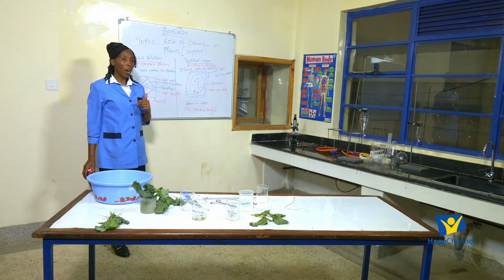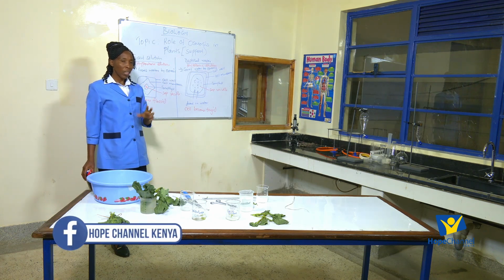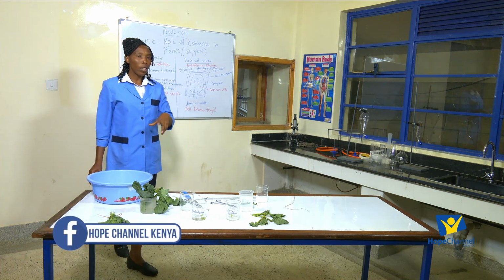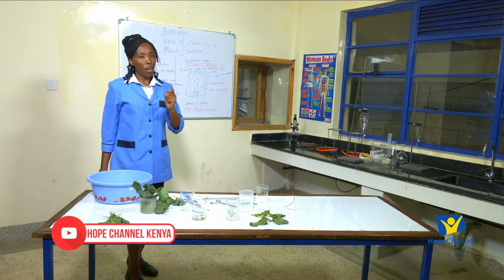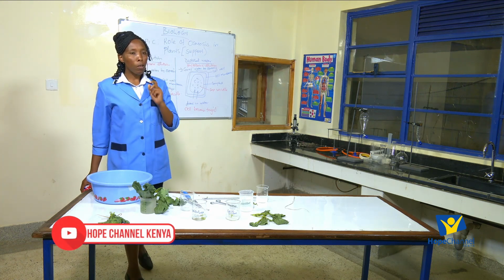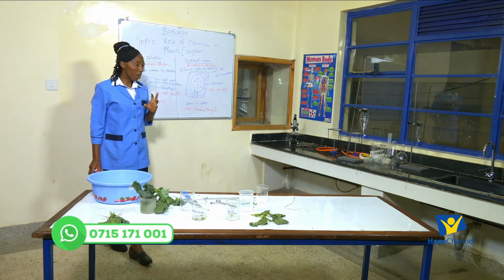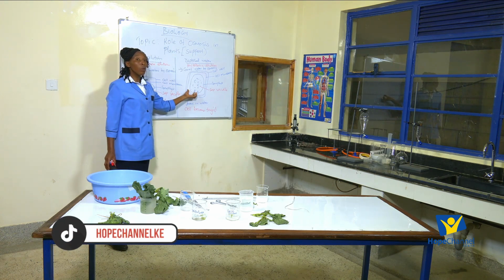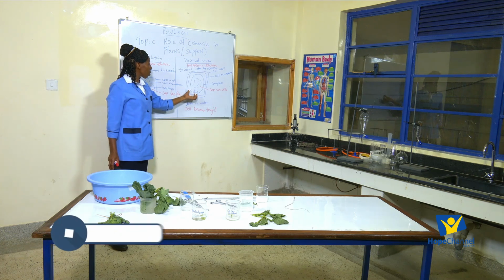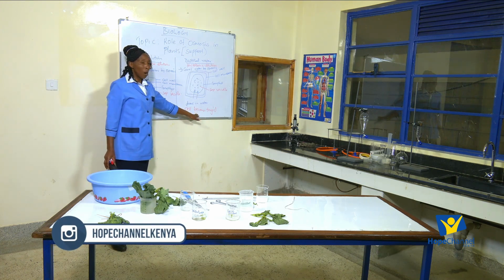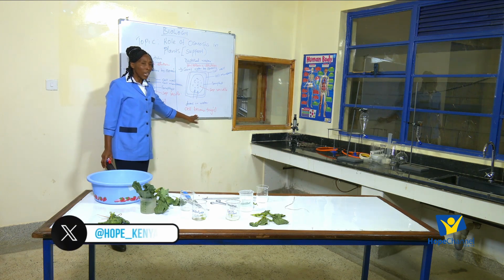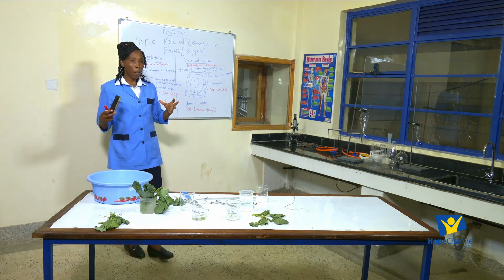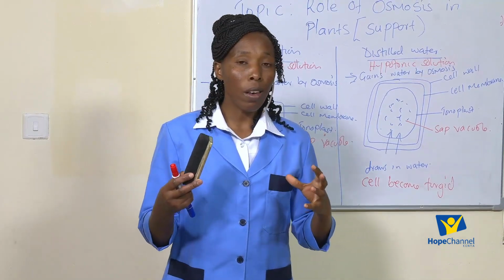Their stem is not hard, their stem is soft, their stem is succulent. It is because they have parenchyma cells. Those parenchyma cells get filled with water. As they get filled with water, the cells become turgid. So indirectly, that turgidity makes the cell firm, provides the cell with support.